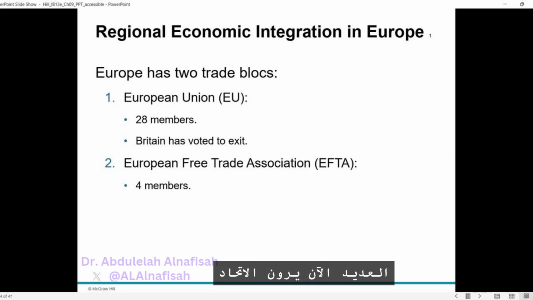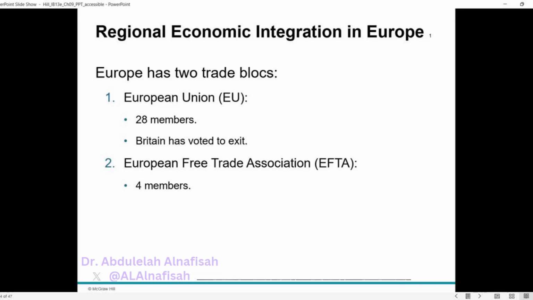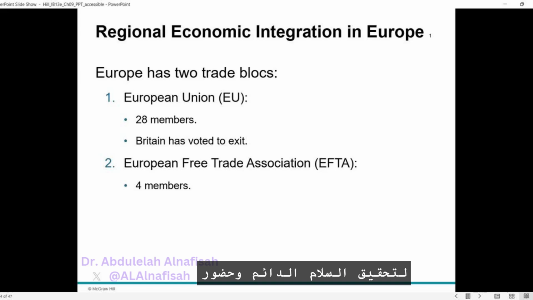Many now view the EU as a burgeoning economic and political powerhouse akin to the United States, making it a focal point of attention. The EU's origins can be traced back to the aftermath of World War II and the European nations' aspirations for lasting peace and a strong presence on the global stage.